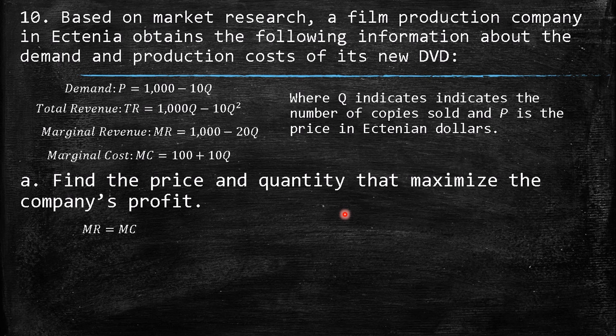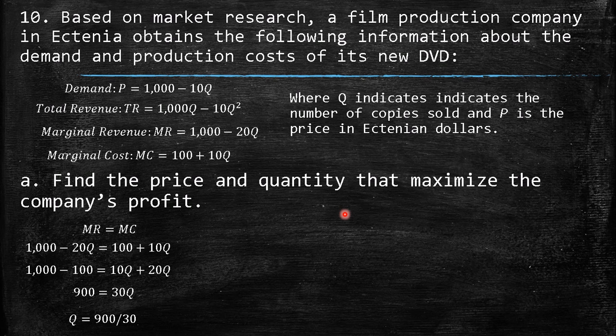So here, remember, we start with the condition of marginal revenue equal to marginal cost. We replace the equations for marginal revenue and marginal cost, and then we collect terms: 1000 minus 100, then we have 10Q plus 20Q. So we have 30 multiplying, we make it divide, and then the quantity of this monopolist is 30.